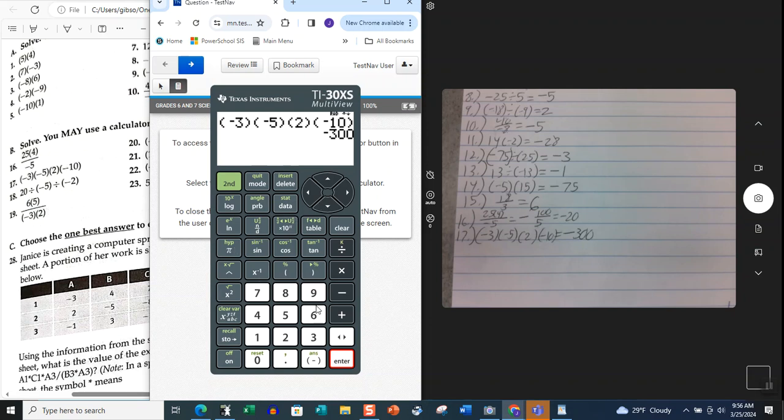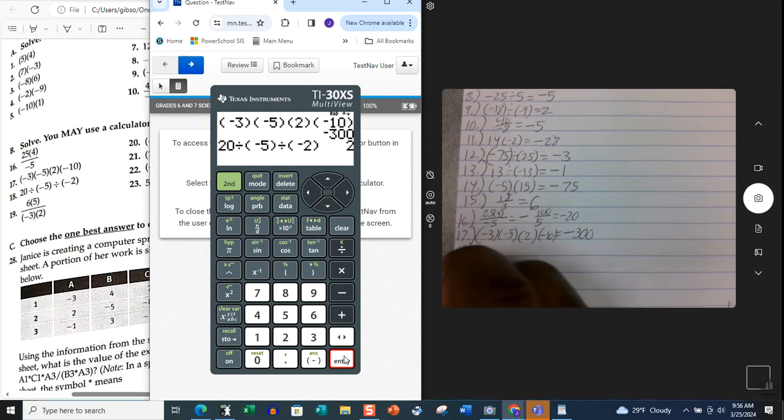Okay, so now we put this in our calculator. 20 divided by parenthesis, negative 5, parenthesis, divided by parenthesis, negative 2. Press enter. So your final answer here would be positive 2. So problem 18, the final answer is positive 2.